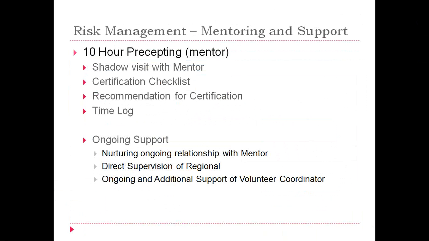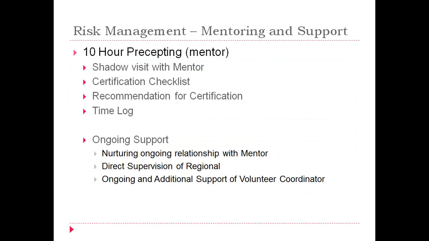Once the volunteer has completed the 30-hour classroom time, we set them up with an experienced volunteer. We identify them as a preceptor or a mentor. The new volunteer visits with that preceptor for a shadow visit with the mentor at the mentor's assigned facility. And then they start visiting the new volunteer's assigned facility.